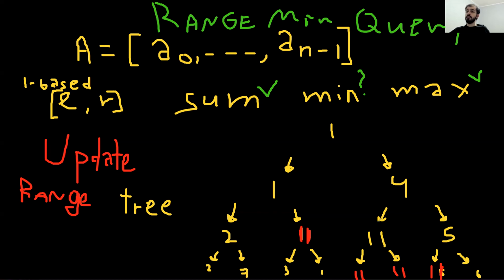If you know how to do these two operations, then you can support any sort of combiner, any operations that combine several numbers together in your segment tree. So it effectively answers the question about range minimum queries. Now you are capable of making range updates in logarithmic time and range queries in logarithmic time.